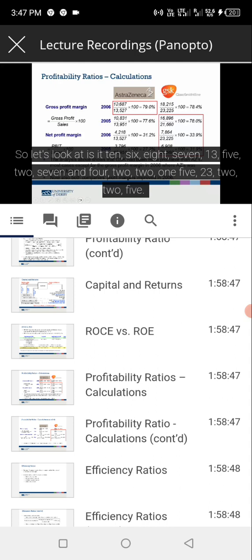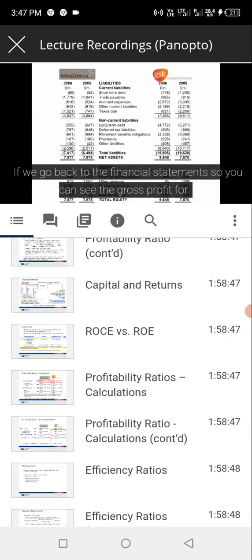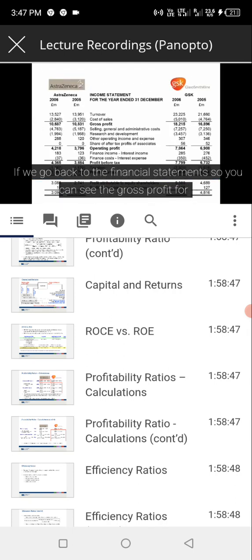So let's look at AZ: 10,687 and 13,527, and for GSK 18,215 and 23,225. If we go back to the financial statement, you can see the gross profit for AZ and the gross profit for GSK.